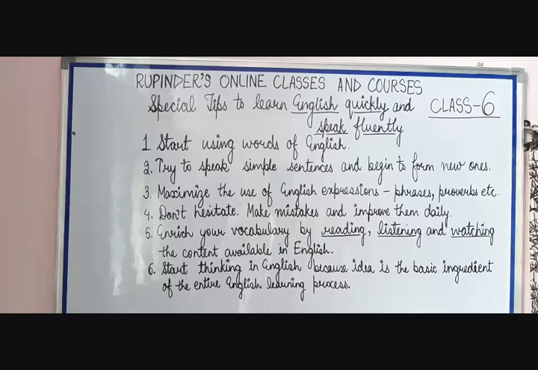You have to keep on speaking those simple sentences, and once you familiarize yourself with those sentences, definitely you'll equip yourself in making new sentences on the basis of that formula that I gave you: subject, helping verb and object. So coming to the next step, that is the third tip.